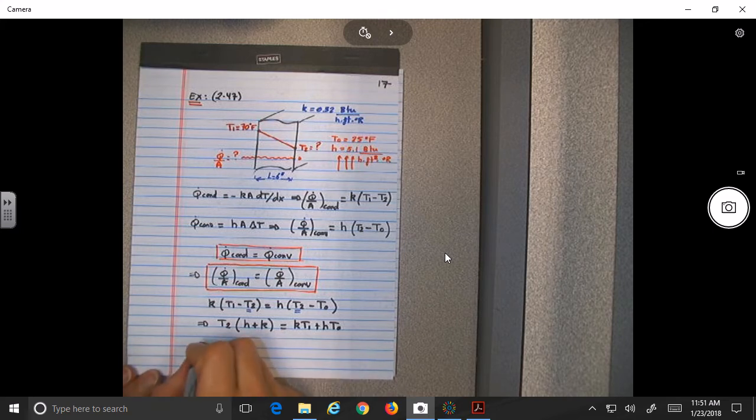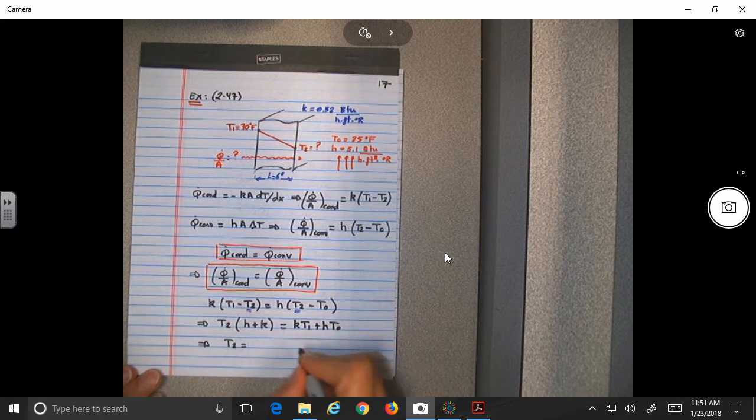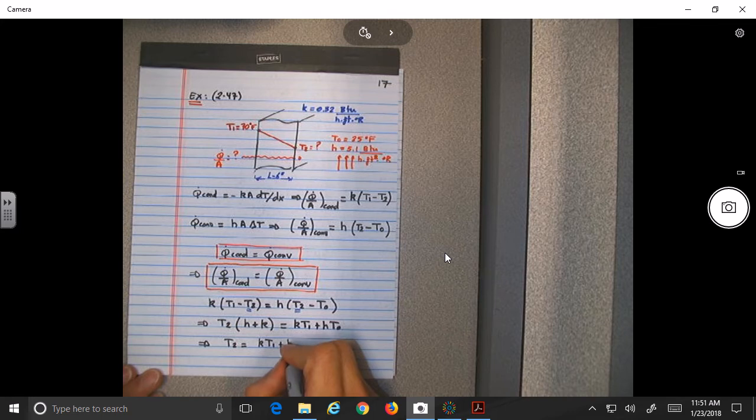So at the end, T2 is equal to K T1 plus H T0, divided by H plus K.